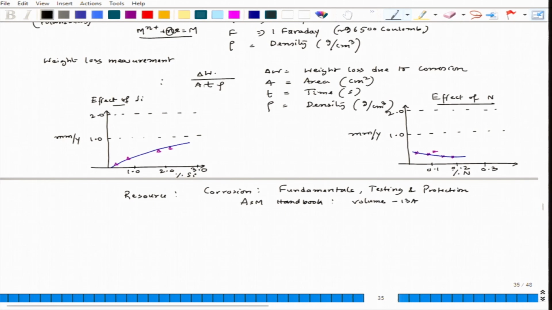Fine. So, let me stop here. We will consider many such examples which will talk about the effect of composition, microstructure, and processing on the improvement of corrosion resistance of a material. Thank you.